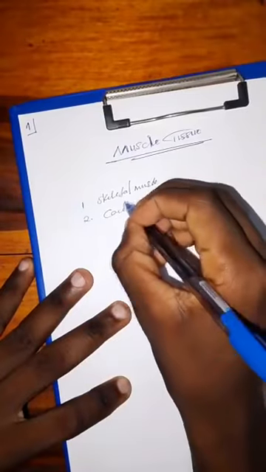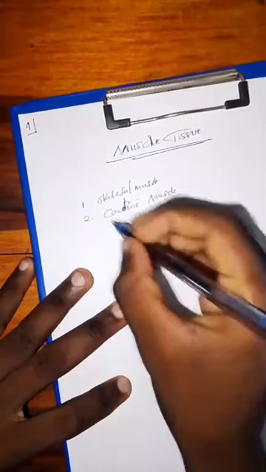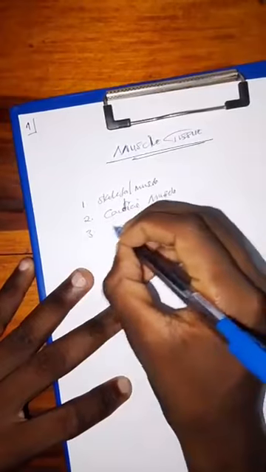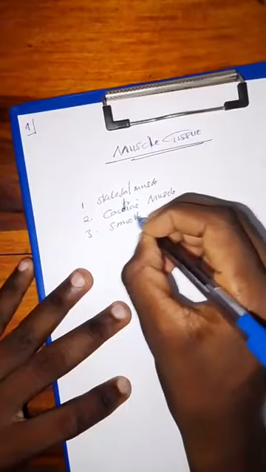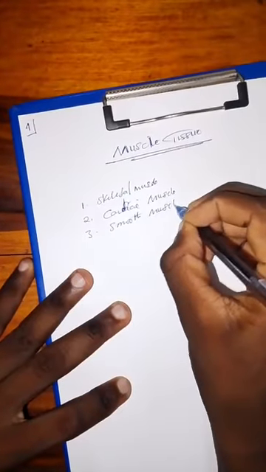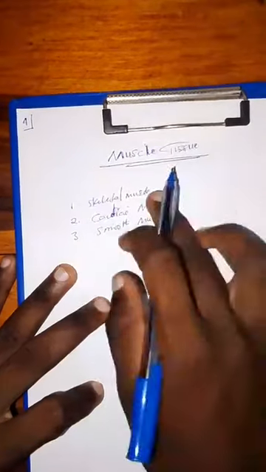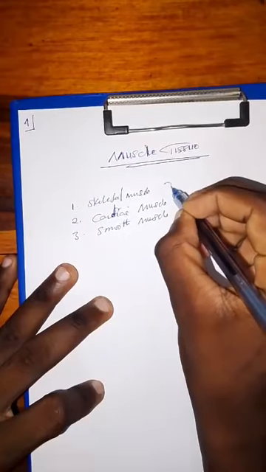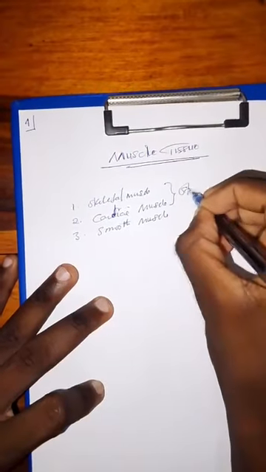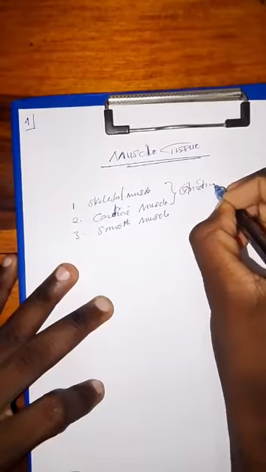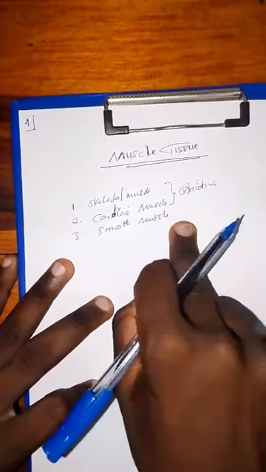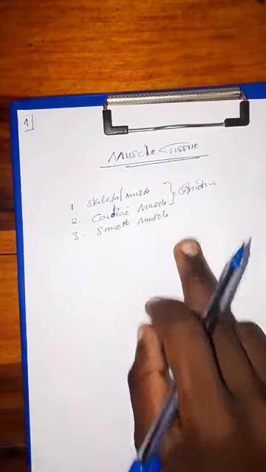When I say cardiac, it is only found in the heart. You should know how to differentiate them. Skeletal muscle and cardiac muscle have striations. The smooth muscle doesn't have striations, right?